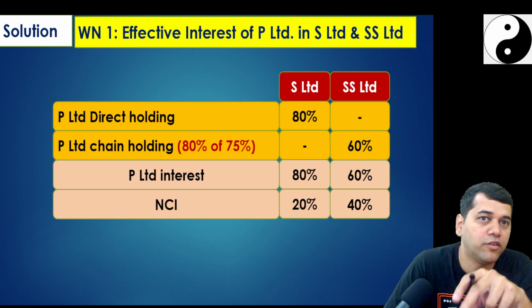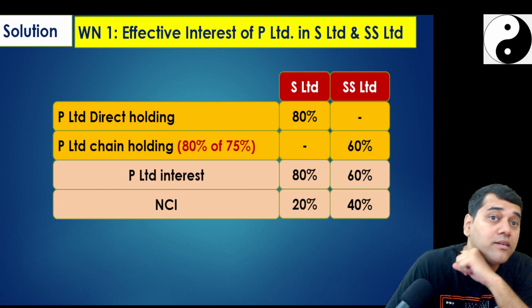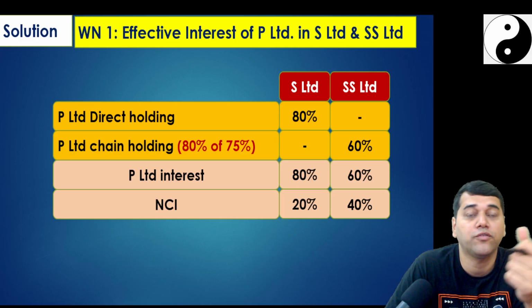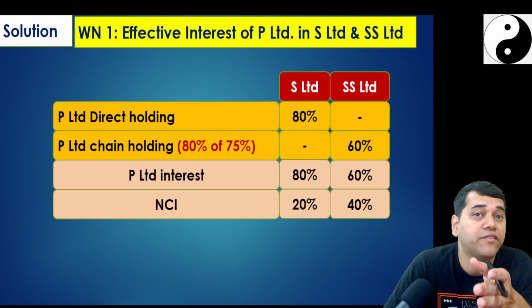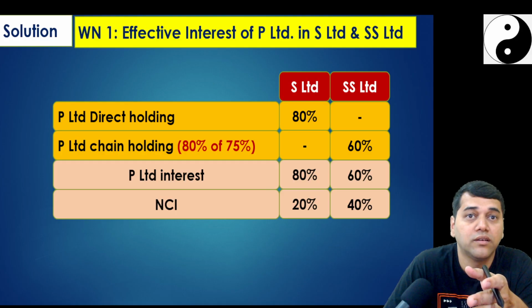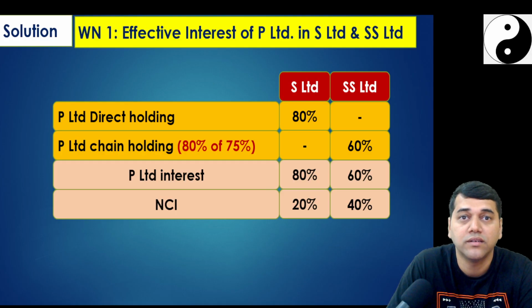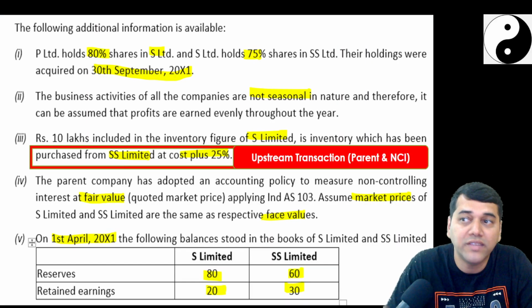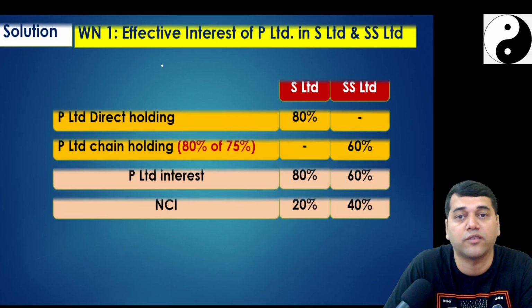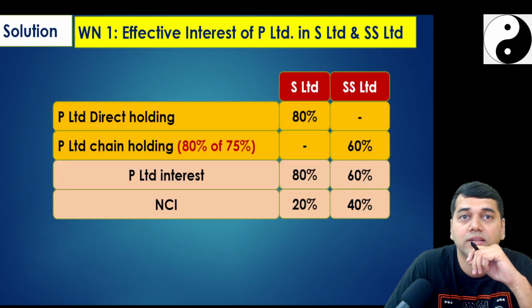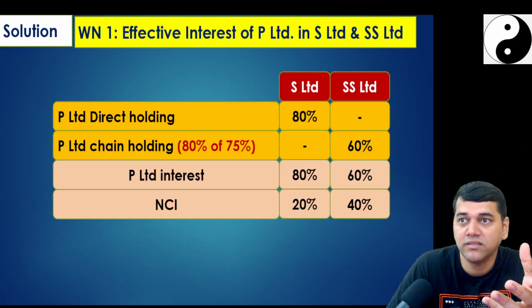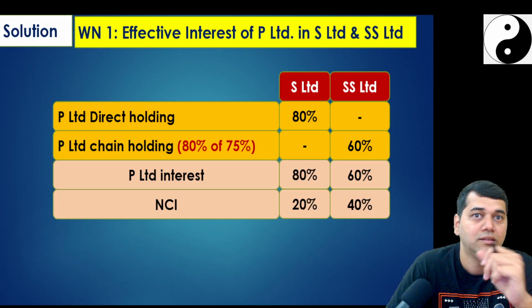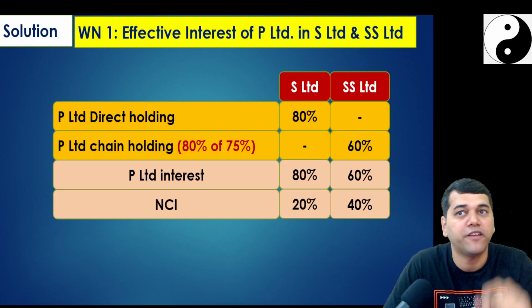Do I have it? When did the acquisition happen? Acquisition happened on 30th September 2011. On this day, what is my fair value of the net assets acquired? Is there any fair valuation exercise done? No. That means my book value must be the fair value.